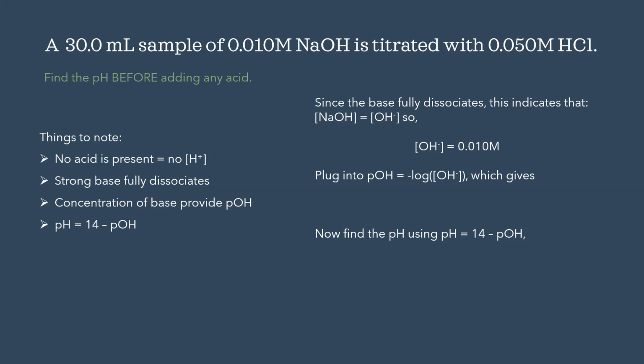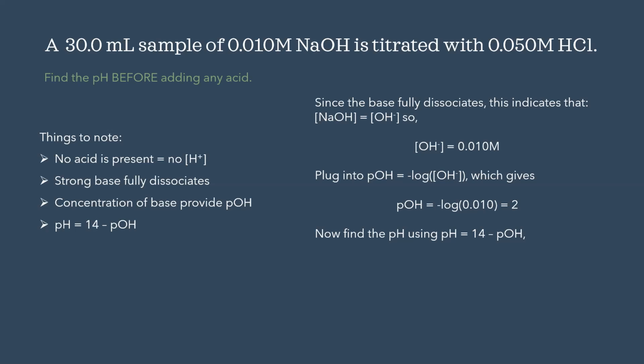Now this concentration can be input into the pOH equation, which is simply the negative log of the concentration of hydroxide. So this gives that the pOH is equal to the negative log of 0.01, which is equal to 2.